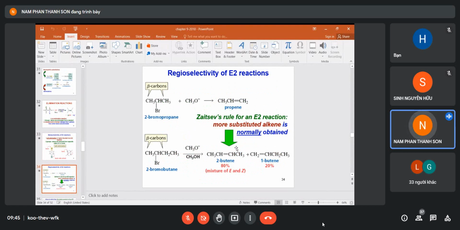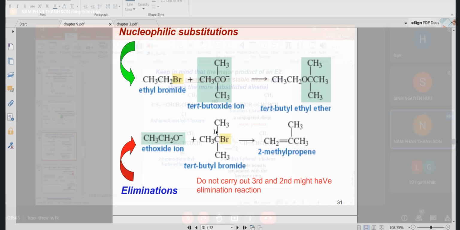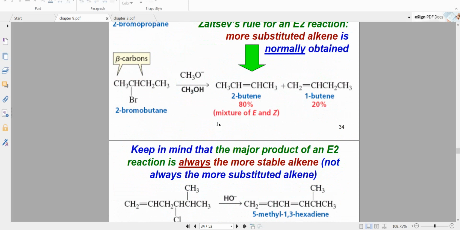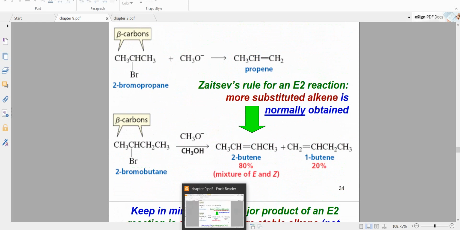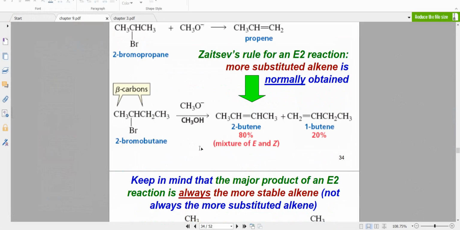The main product is the double bond that has more hydrogens that can donate electrons by hyperconjugation. I mean, the double bond gets more hyperconjugation. And if we have conjugation, the main product is a double bond with conjugation. Conjugation is stronger than hyperconjugation, so take the conjugated system because it is more stable.